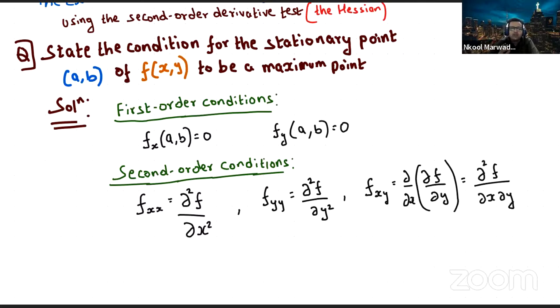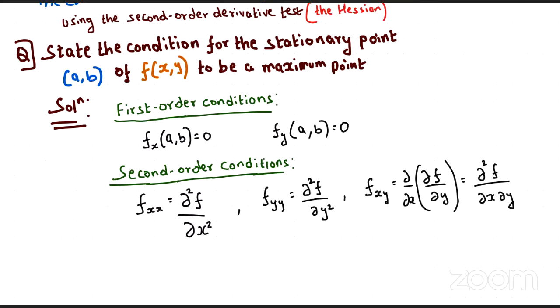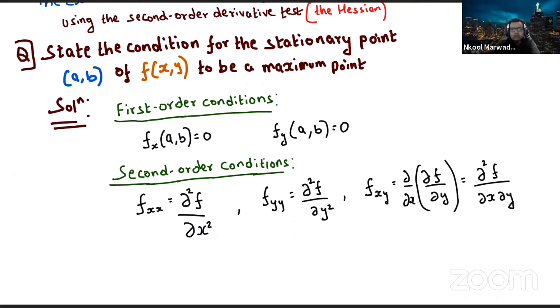So now you got an idea that in order to determine the nature of the stationary point, whether it's a point of maxima, minima, or saddle point, I have to calculate fxx, fyy, fxy. And based on that, I have to calculate the Hessian determinant.